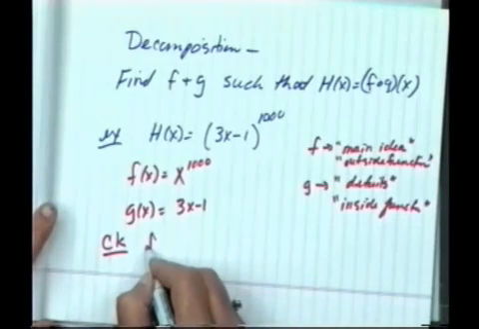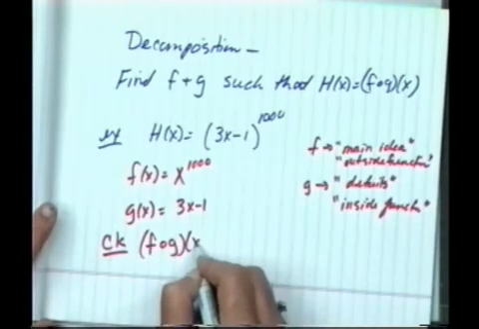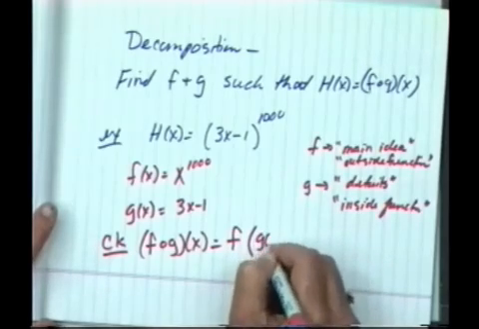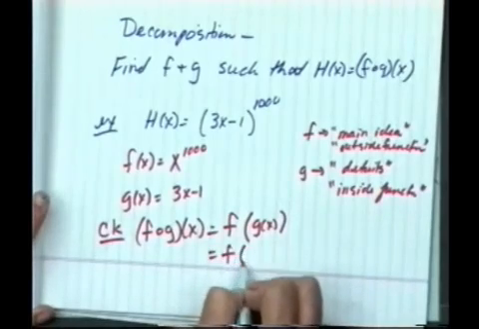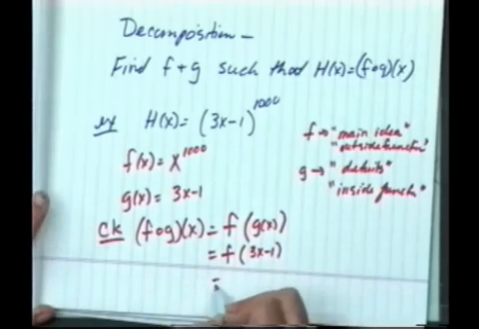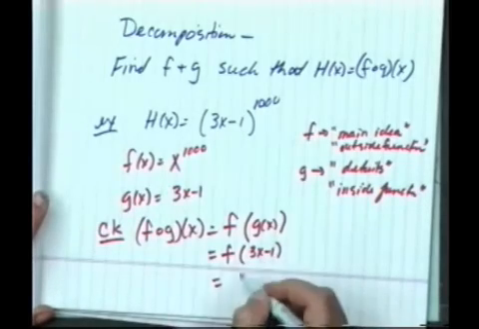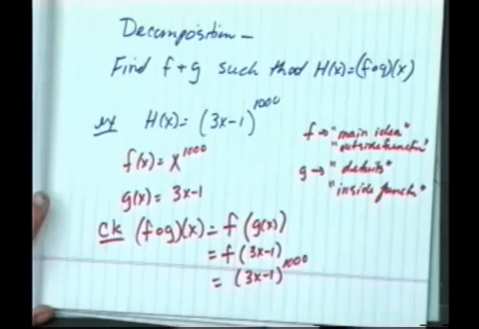I'm going to look at the composition of f and g at x, f evaluated at g of x. g of x is 3x minus 1. What is f evaluated at 3x minus 1? (3x minus 1) to the 1,000.